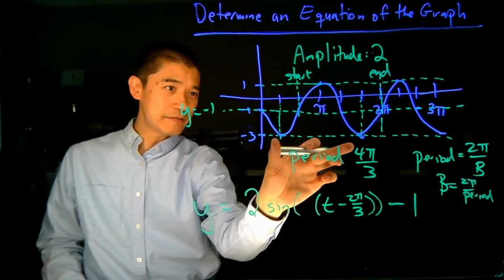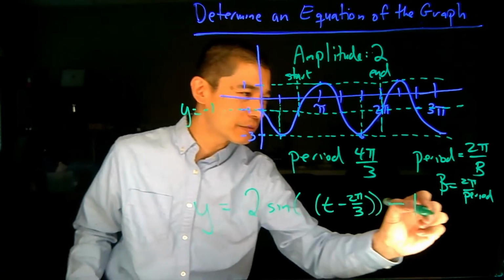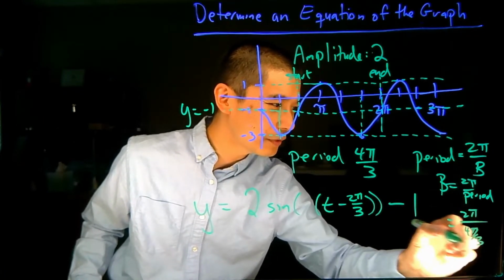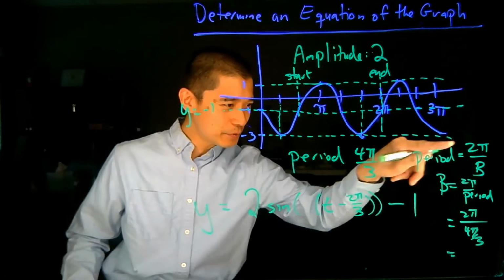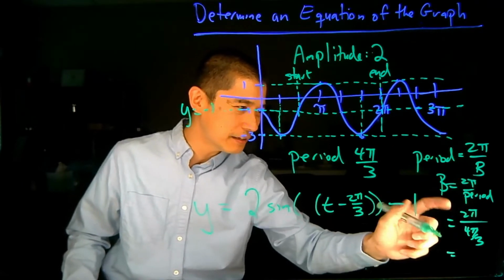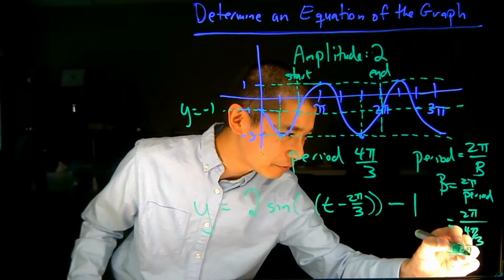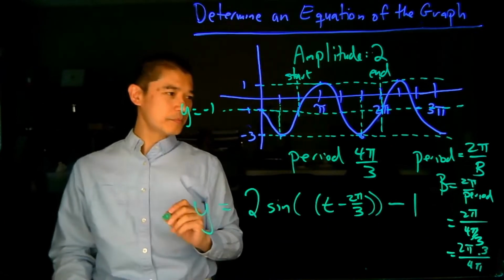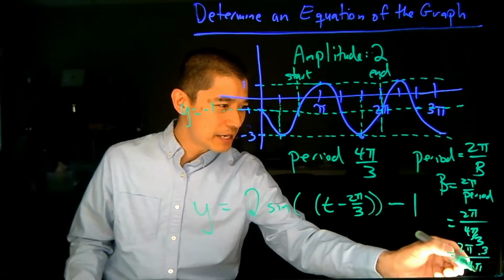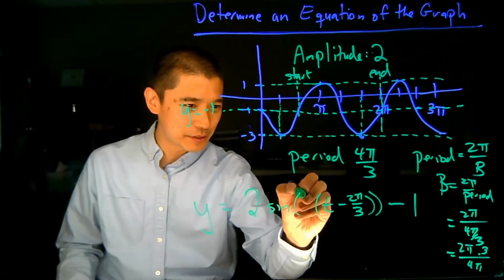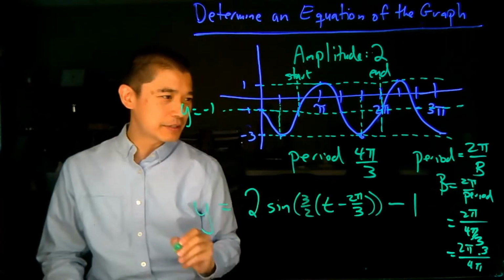And since we identified the period here to be 4 pi over 3, we can just plug that in. 2 pi over 4 pi over 3, multiplied by the reciprocal, so that becomes 3 over 4 pi. Let me write that out, even though it's getting cramped down here. So 2 pi, the pi's cancel out. The 2 reduces to a 1/2, so 3/2. So this is going to be a 3/2 right there.